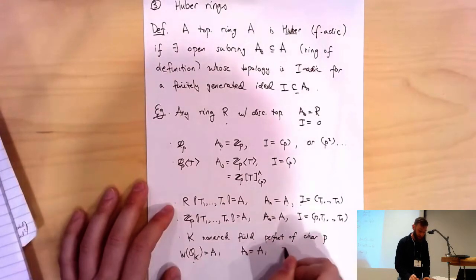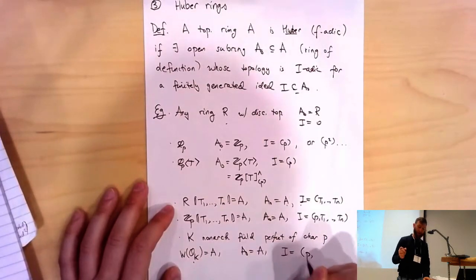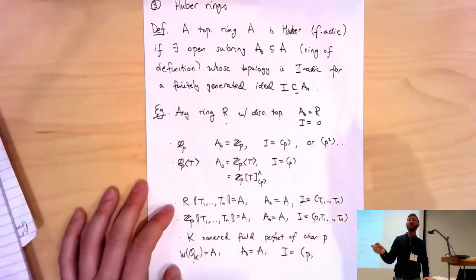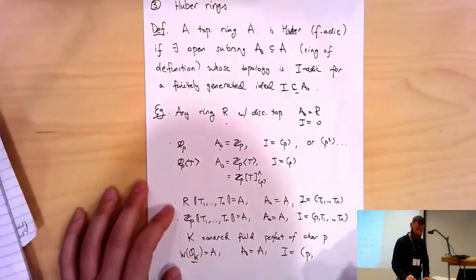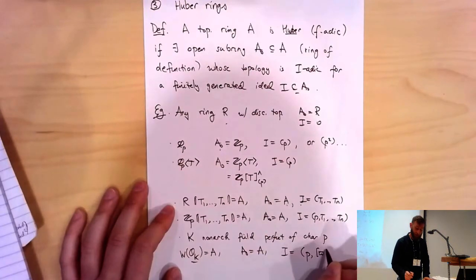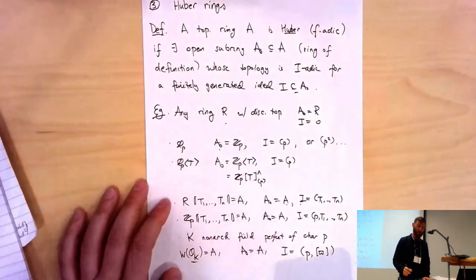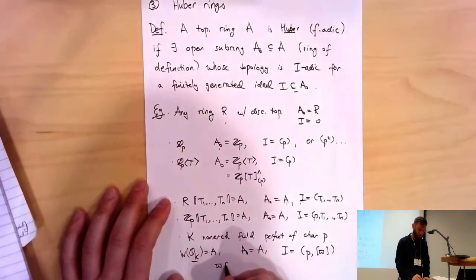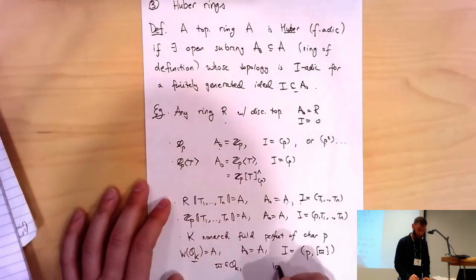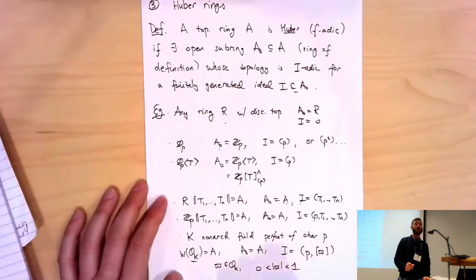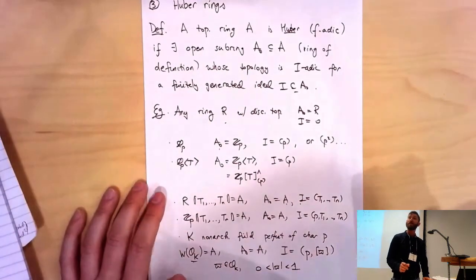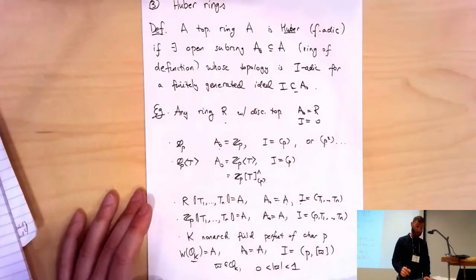And the ideal will be generated by p, that's one generator, but there's going to be another one. I don't want to forget the topology on O_K. And so I include it by including the Teichmüller representative attached to some element inside of O_K which is less than 1 but non-zero. Such an element is called a pseudo-uniformizer of K. So here the ideal of definition has two elements.